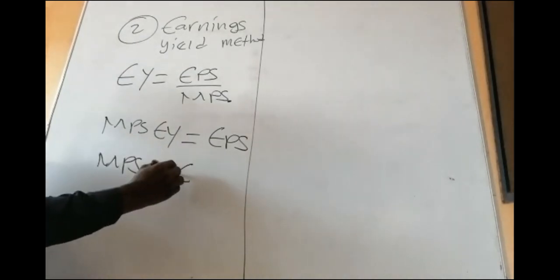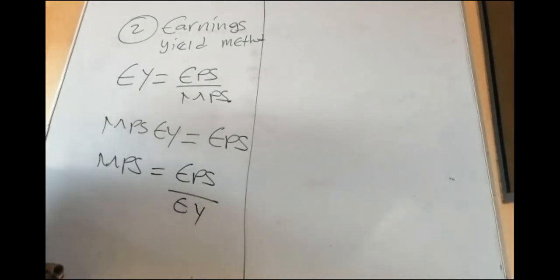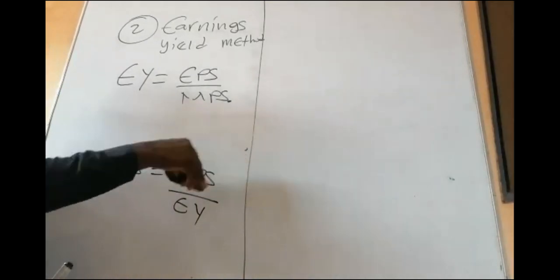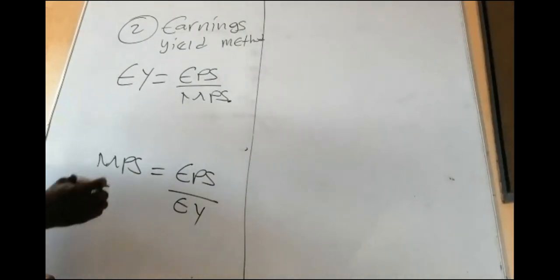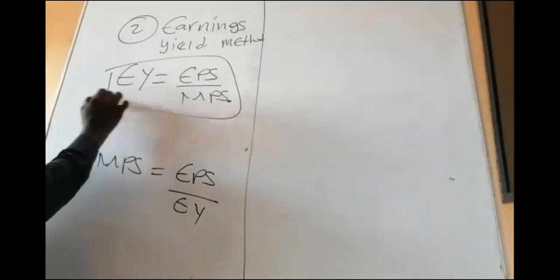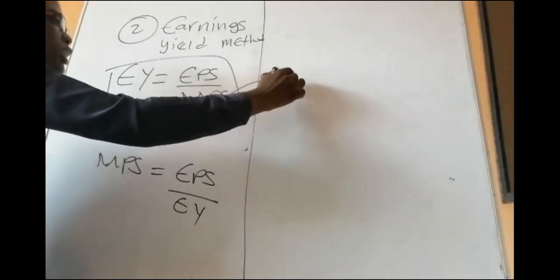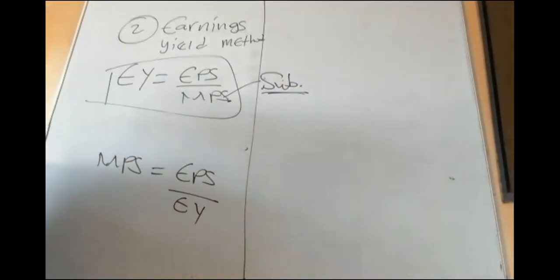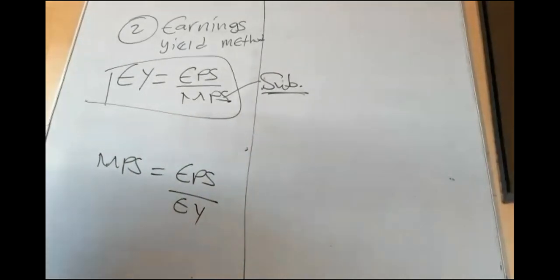So market price is equal to earnings per share over earnings yield. You don't need to prove to the examiner how you arrive at this. All you need to know is that we make the market price the subject so that we can use it to determine the price of the shares under the earnings yield method.